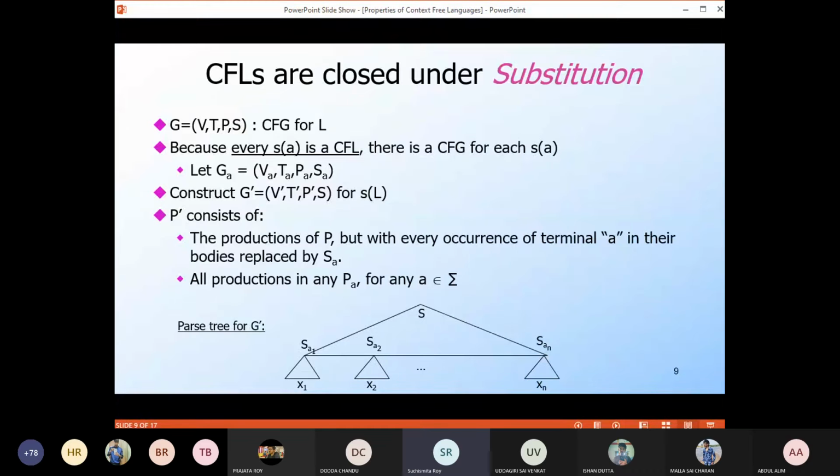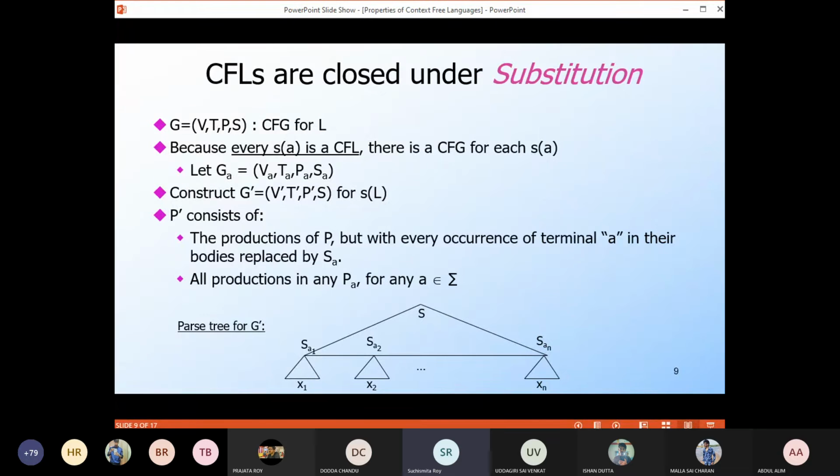That's all. The strings could be bigger, but this entire bigger tree is also a valid parse tree for this context-free language. So by this process, you can derive all the strings which appear in the substituted language SL.